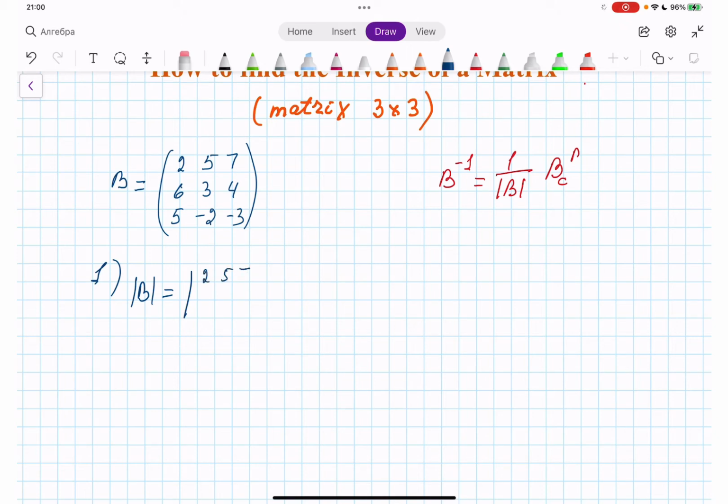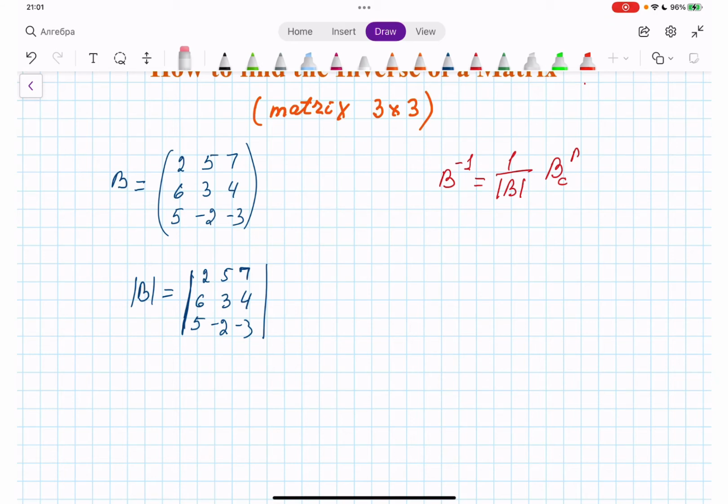2, 5, 7, 6, 3, 4, 5, -2, -3. In my previous videos, in the same matrix playlist, you can find the recording on how to find the determinant in 2 methods.